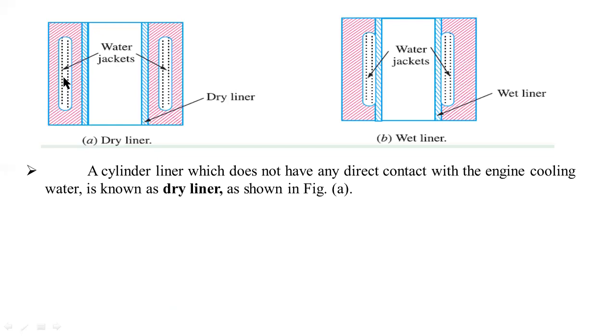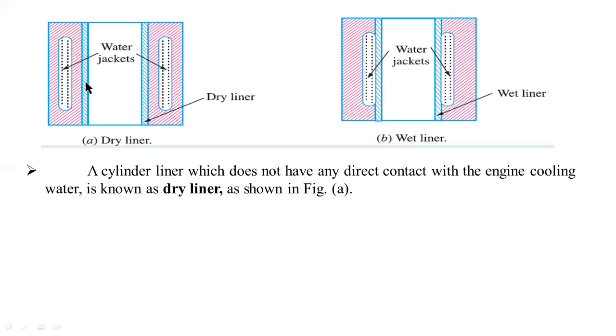This is a water jacket, this one is a cylinder liner, and this red hatching is the cylinder block. Here there is no direct contact between the water jacket and cylinder liner.